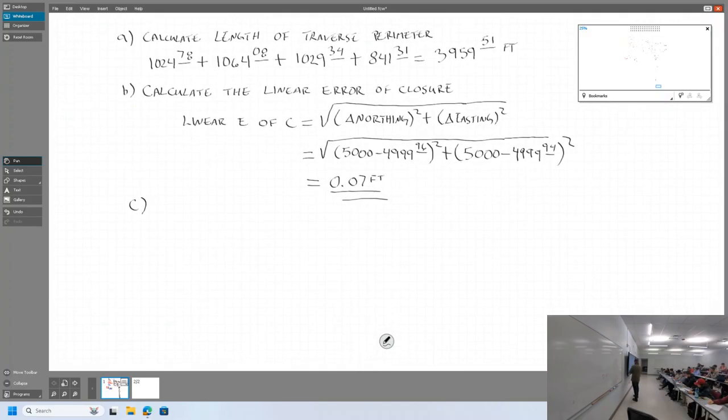We now calculate the relative error of closure. And that's just going to be your linear error of closure over the traverse perimeter.